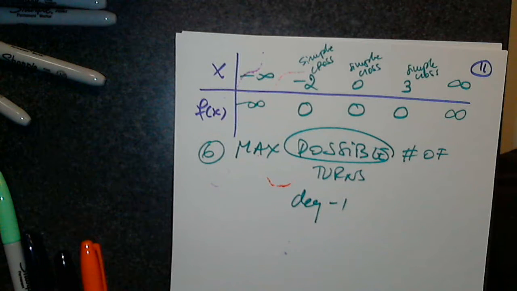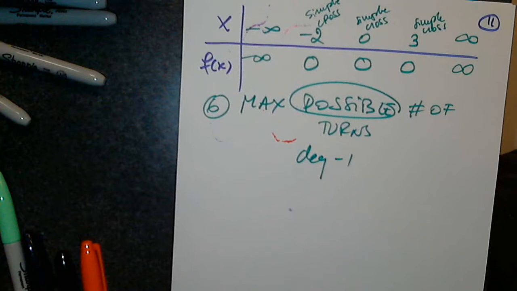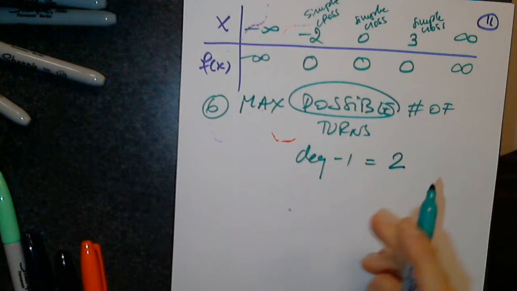A turn is when you change from increasing to decreasing or back. Exactly. Turn means it changes from increasing to decreasing or from decreasing to increasing, or it has a max or a min. Not vertex anymore. Okay. Very good. So what is the maximum possible number of turns for this specific function? Careful. What was the degree? 3. 3 minus 1 is 2.